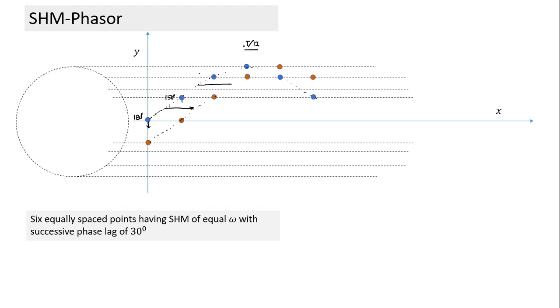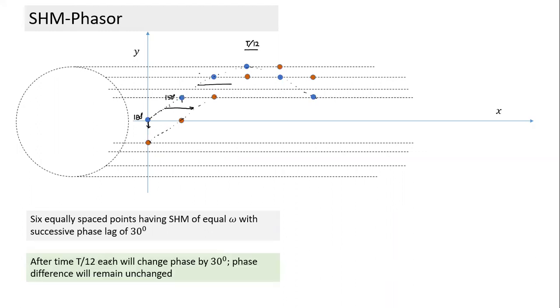And in time T by 12, all will appear to have shifted towards the right. It is the waveform that has shifted, not the particle. That's the point we need to understand in the case of wave motion. After T by 12, the phase shifts by 30 degrees, but the phase difference remains unchanged. The phase difference between two particles, if initially 30 degrees, later also remains 30 degrees, as long as all have the same omega.